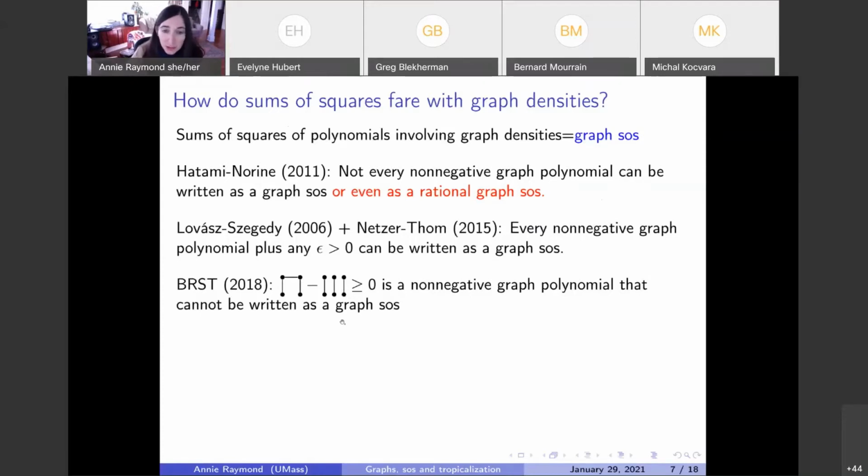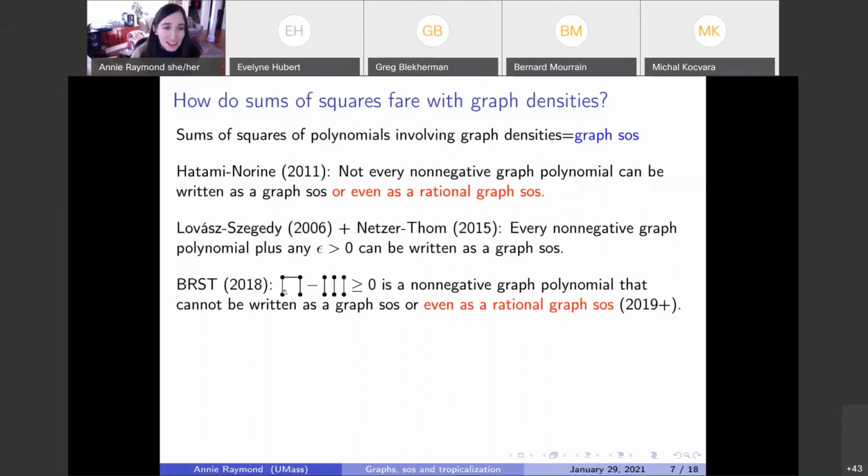And what is more, we also showed that it cannot be written as a rational graph sum of squares, right? So this is actually a famous polynomial. It's part of the Blakley-Roy family, which is part of Sidorenko's conjecture. And so all Blakley-Roy inequalities are known to hold.